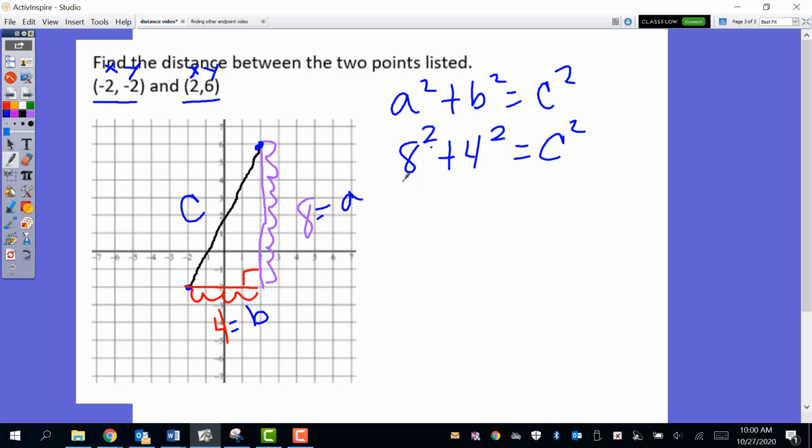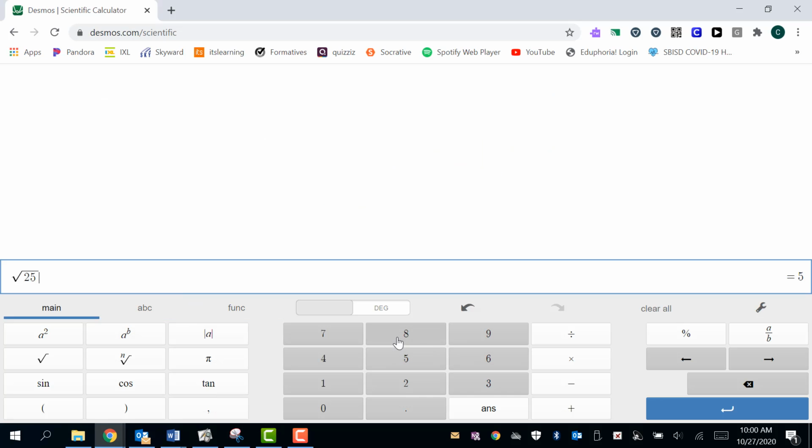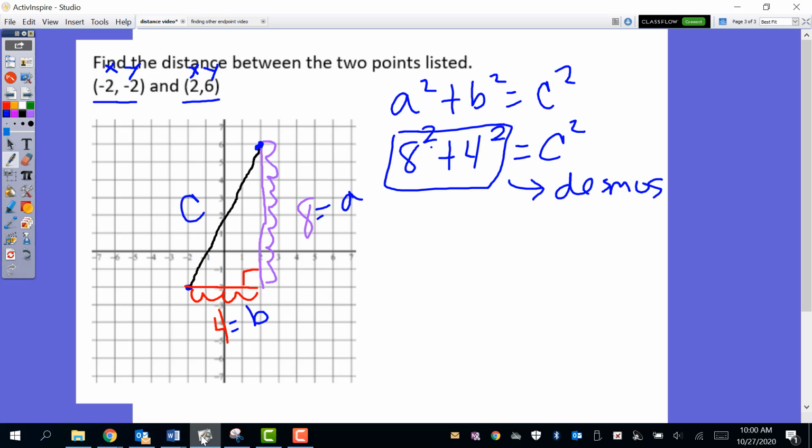Then you type this on the calculator: 8 squared plus 4 squared, and I get 80. So I'll put 80 equals, and then I'll bring my c squared down.